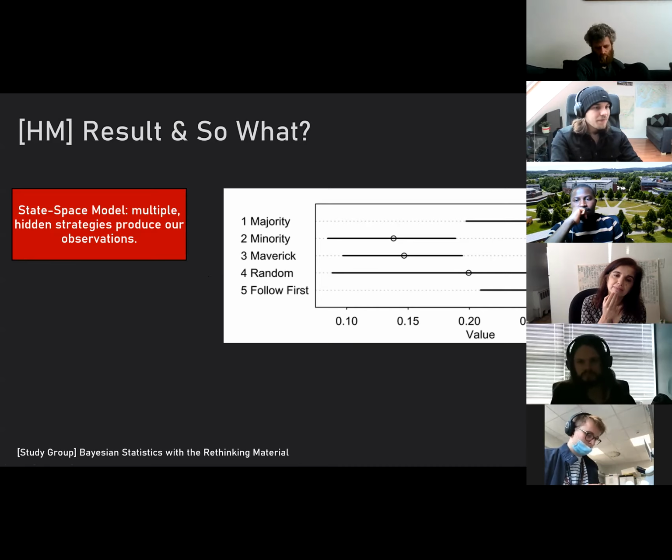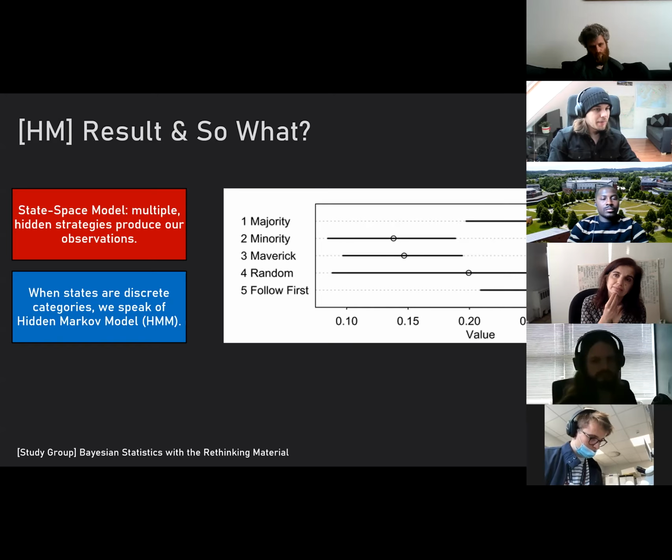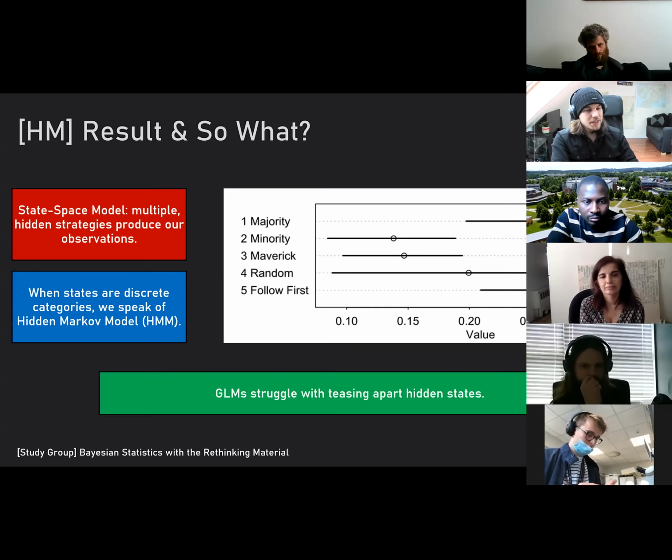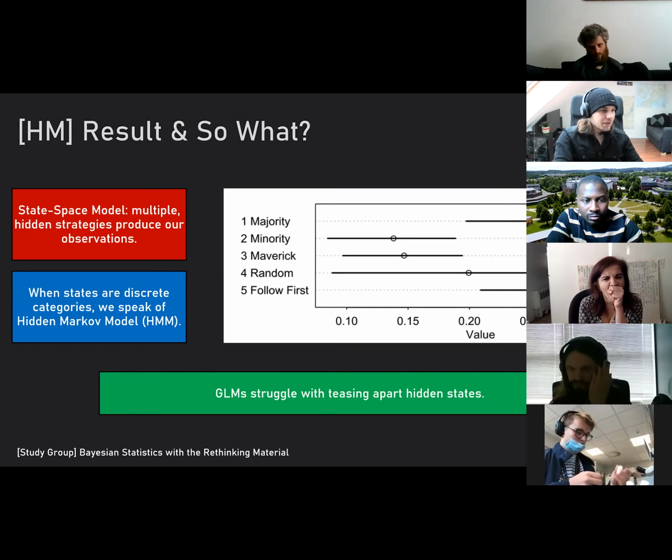As a special case, when the states are discrete categories, then we speak of a hidden Markov model, or HMM, just so everyone's heard of it. Now, as far as a GLM approach is concerned, these really do struggle with teasing apart hidden states, because if we don't give them information about potential hidden states, how are they going to get to them?